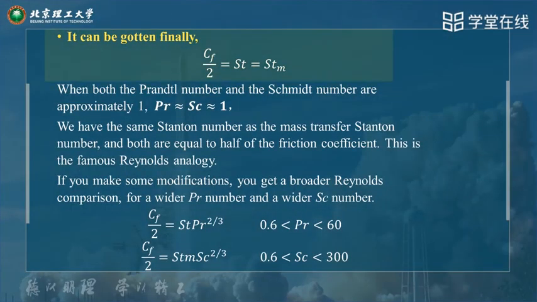It can be obtained finally that the friction coefficient divided by 2 equals the Stanton number, and the mass Stanton number is similar.